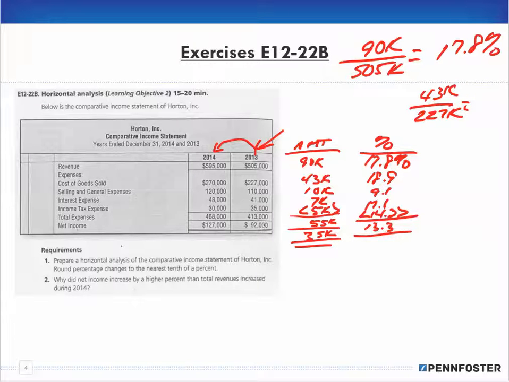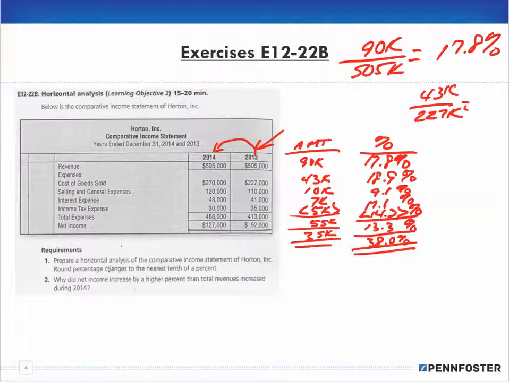And 35,000 divided by 92,000 is 38.0%. So these are all percentages, and that's all there is to preparing a horizontal analysis.